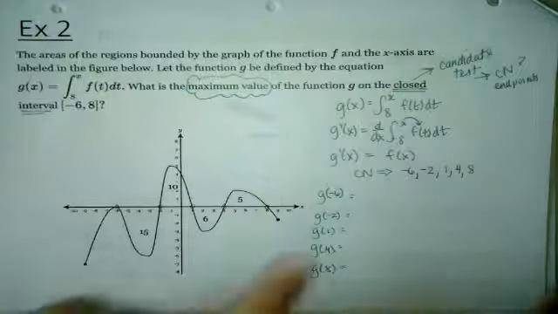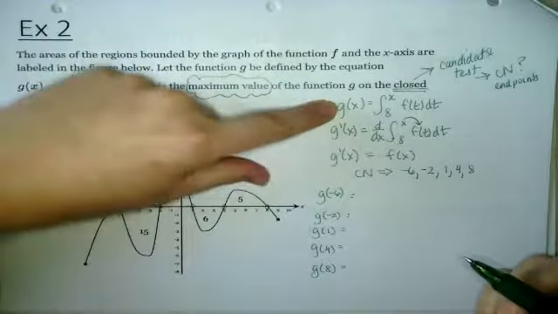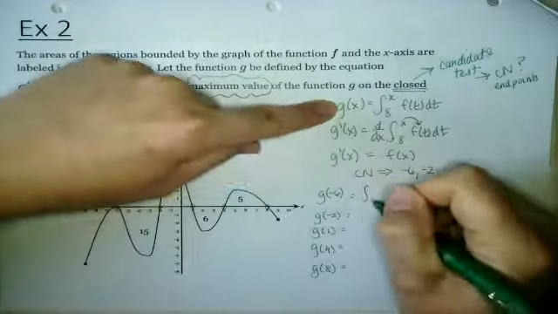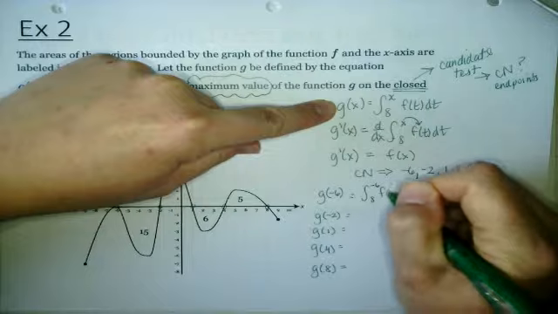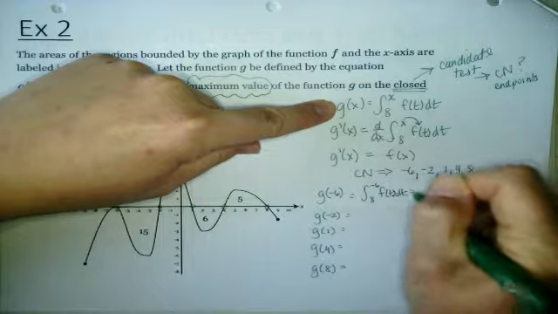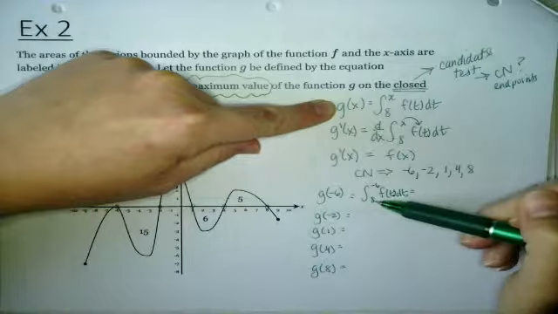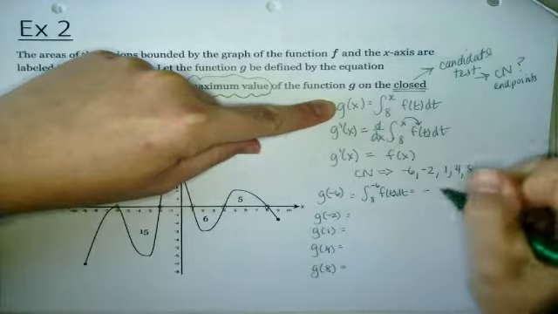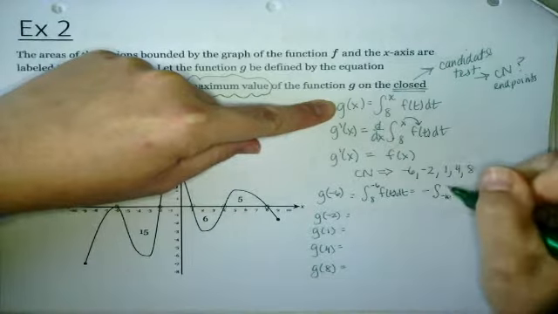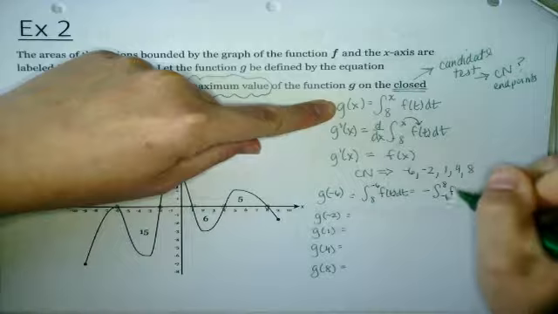All right, so let's plug in -6 to our G function. That would be the integral from 8 to -6 of f of t dt. Remember, integrals mean area under the curve. And whoops, our boundaries are mixed up, so we want to reverse them. So negative integral of -6 to 8 of f of t dt.